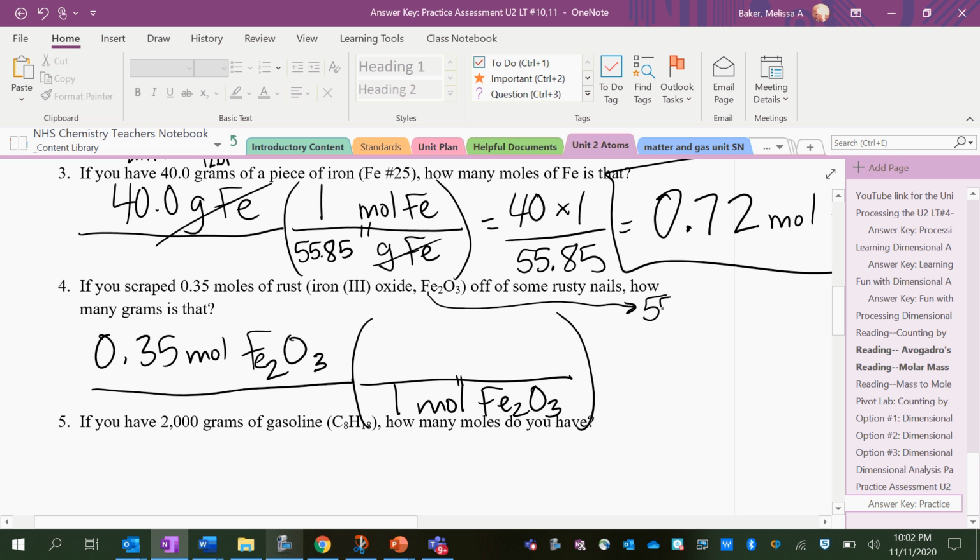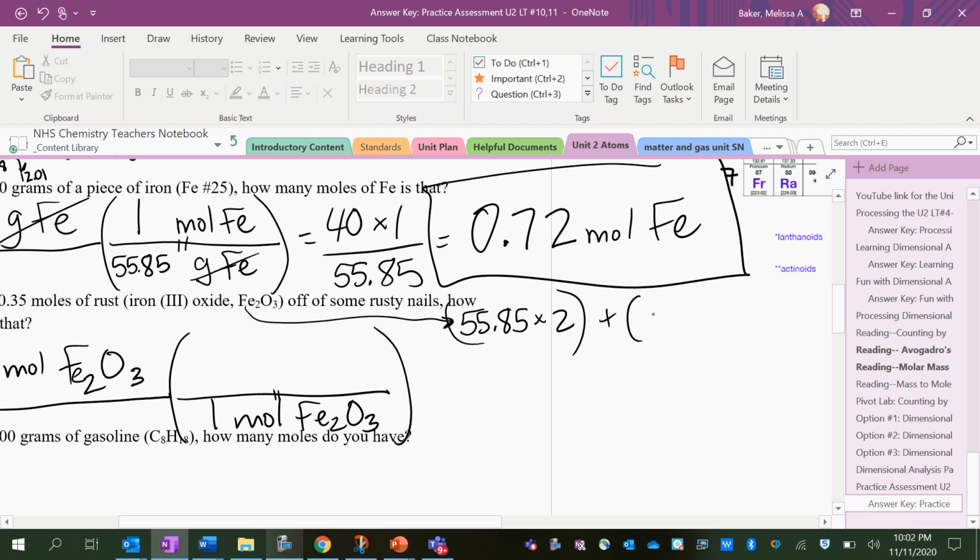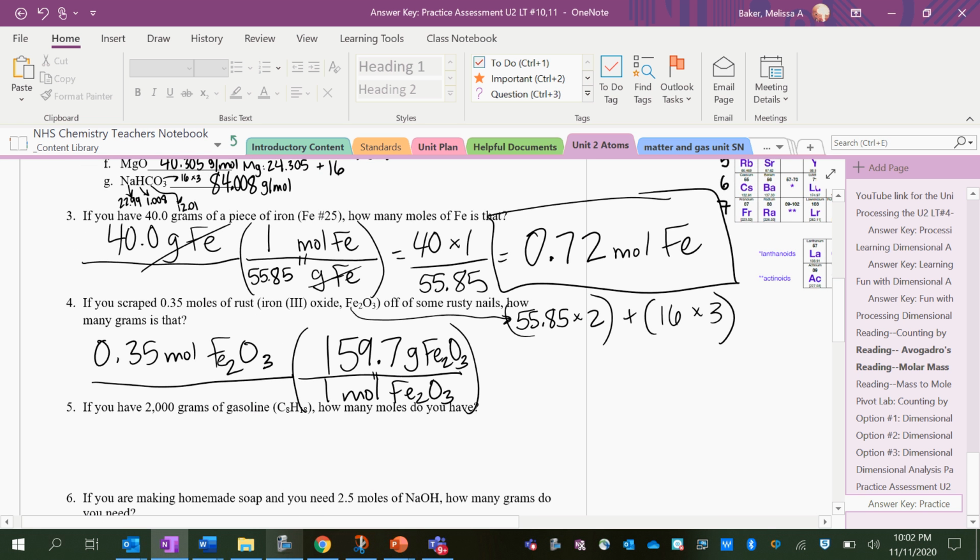We had iron in the last question, so we know it's 55.85 times 2 plus oxygen is 16 times 3. So 55.85 times 2 plus 48, because that's 16 times 3, 159.7 grams of iron oxide. That's how much 1 mole's worth of that molecule weighs.